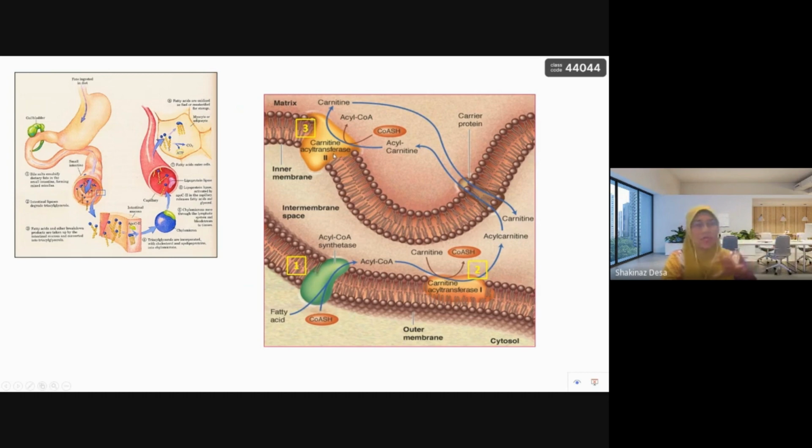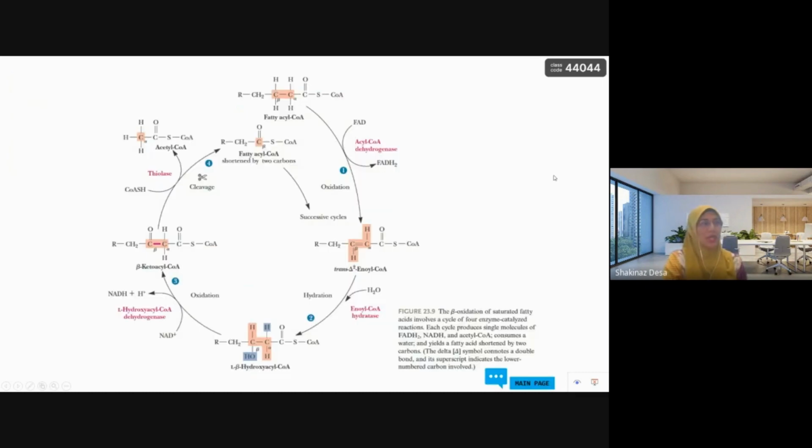And then bila tengok yang sebelah kanan tu, that one is referring to the process of how that fatty acid is transport into the matrix mitochondria for the process of beta oxidation. Ini baru transport lah. Lepas dah masuk dalam matrix mitochondria tu, beta oxidation will take place.